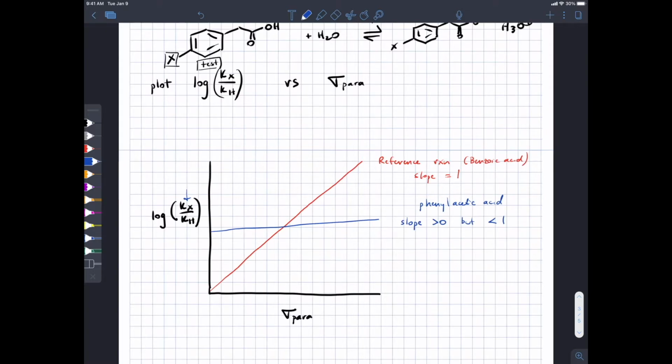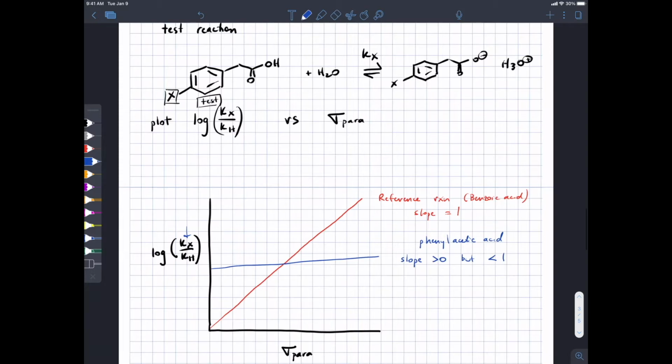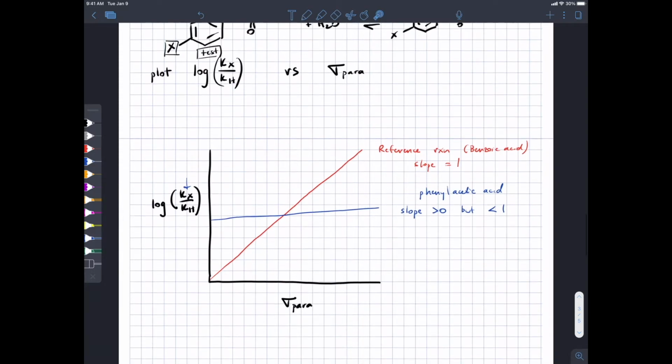All right, let's talk about what that might tell you. And let me ask you a question. And let's remember that we're going to have sigma values that go from negative to positive, and in the middle is going to be sort of 0, which is where hydrogen is. Okay?